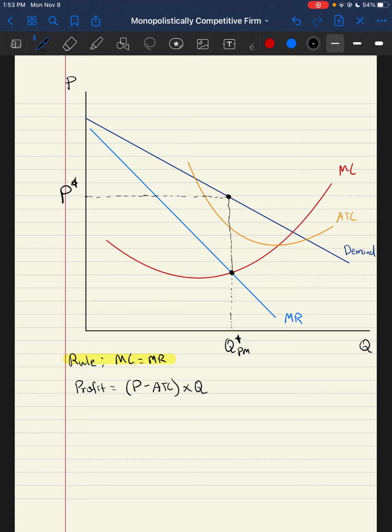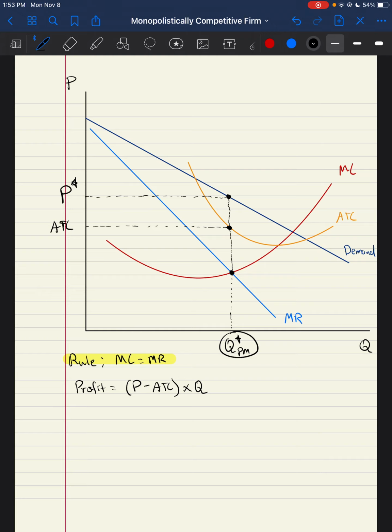Well, at what level is the QPM intersecting our average total cost? The average total cost at this output level is right here. So this is going to be our average total cost. And there we have it.